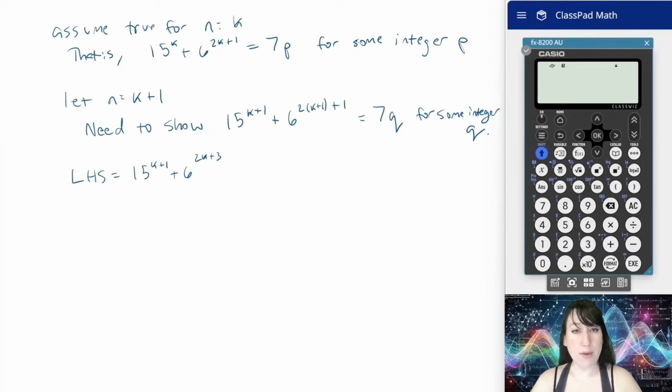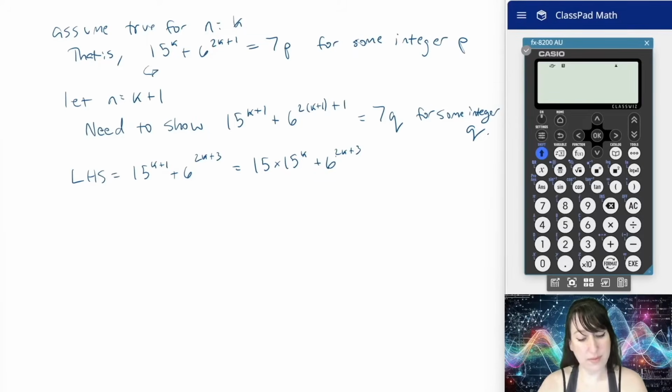Maybe we can separate 15 to the k, we can replace it in terms of that assumption. 15 to the k plus 1 is equivalent to 15 to the k times 15, according to index laws. Now, if we look at our assumption and solve for 15 to the k, it would be 7p minus 6 to the 2k plus 1. So let's substitute that in for 15 to the k.